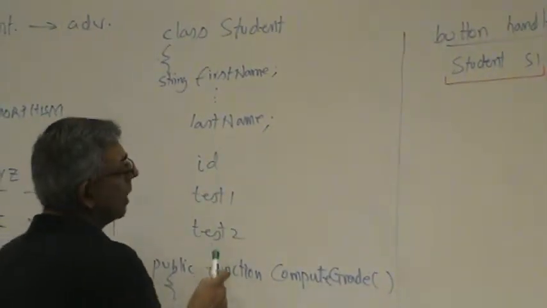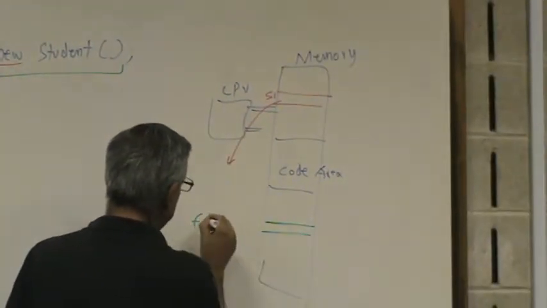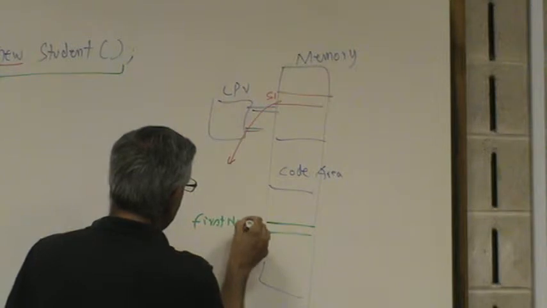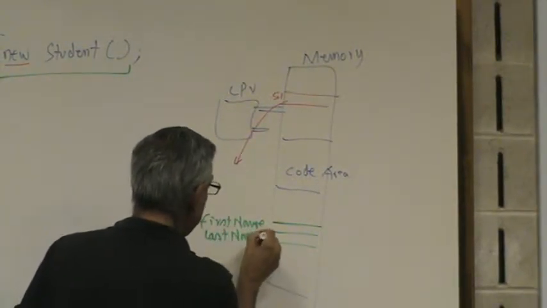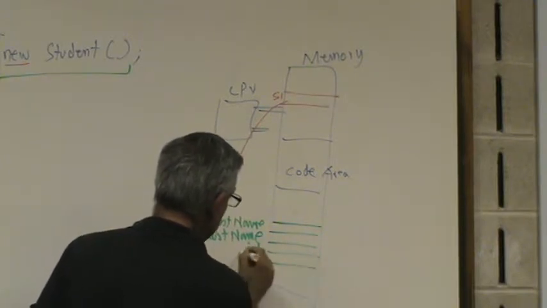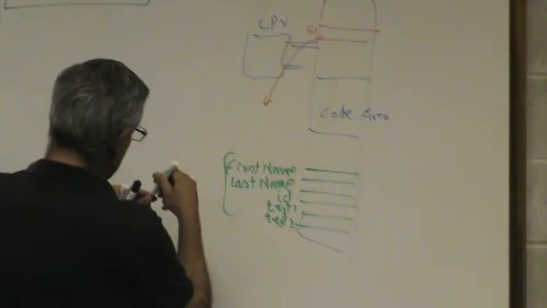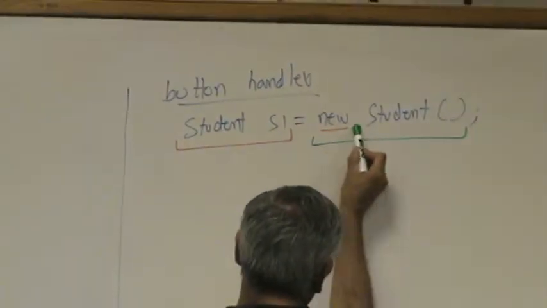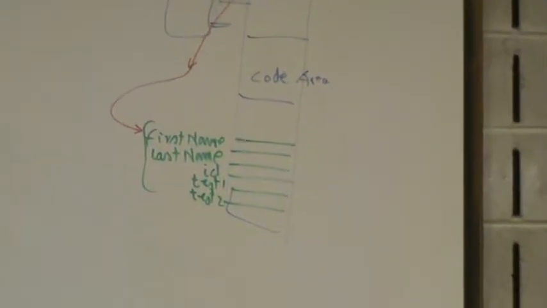Only the memory for the private fields will be allocated, and because we said new Student, it will allocate memory for first name, last name, ID, test1, and test2, right? Collectively, this is the data for a student. Now we said Student S1 equal to new Student, so this S1 will point over here, okay?